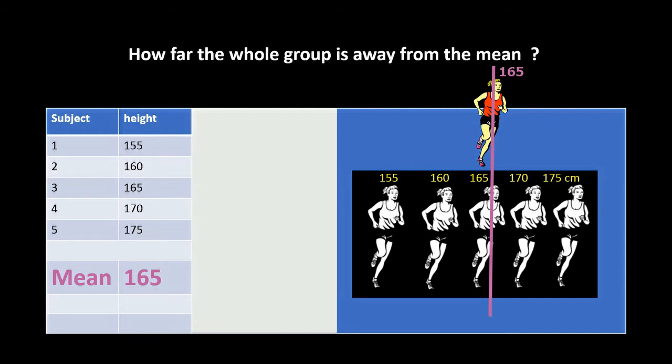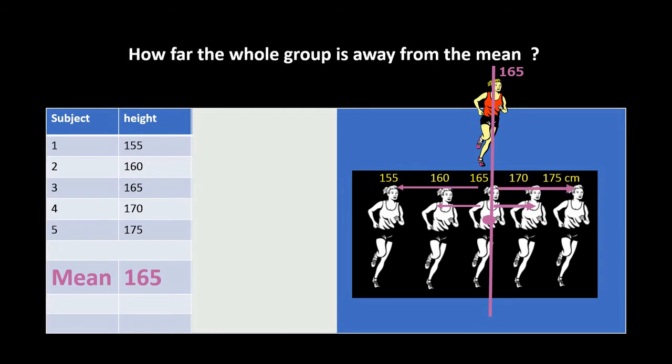Now, let's have the first row. The mean is 165. So the first person is shorter than the mean by 10 centimeters. The second one is shorter by 5 centimeters. Third one, no difference. Fourth one is longer by 5 centimeters.